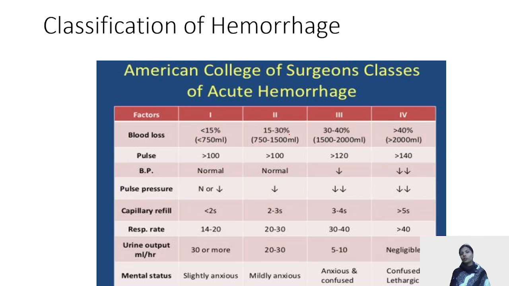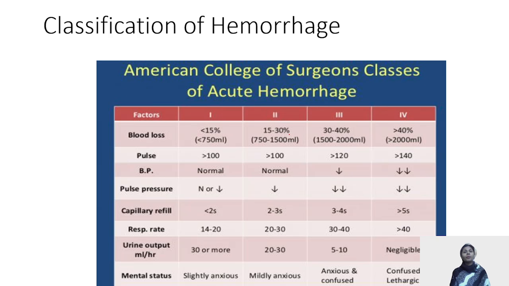You have 4 classes of acute hemorrhage, and unfortunately what happens is that when we are able to understand or decide that yes, the patient is dehydrated, or the patient is compensating because of the hemorrhage that is going on, the patient is already in the stage of 3 or 4 when he actually starts to develop the symptoms. The blood loss is less than 15%, 15 to 30, 30 to 40, and more than 40% of the blood loss has been classified.